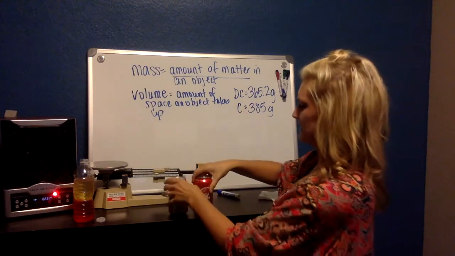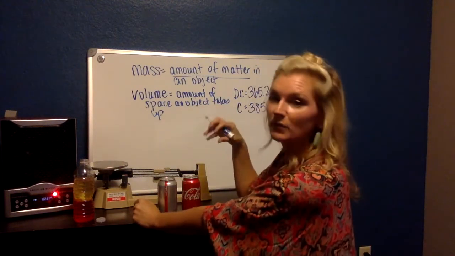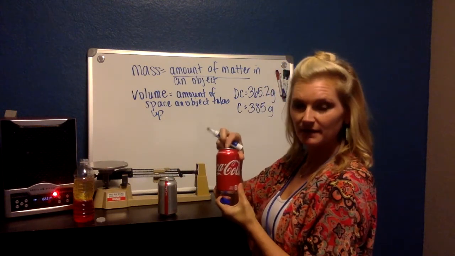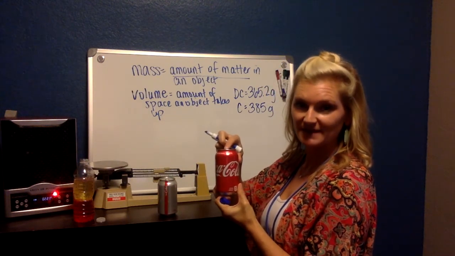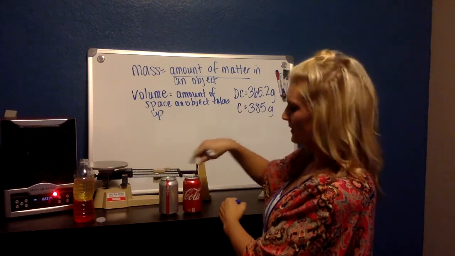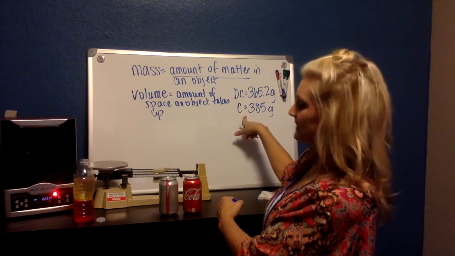Okay, now let's talk about density. When you calculate density, what makes something more dense than something else is the amount of mass per volume, or per the space that it takes up. So these both take up the same amount of space, but we discovered that they have different masses. So we would assume that the density would be different.